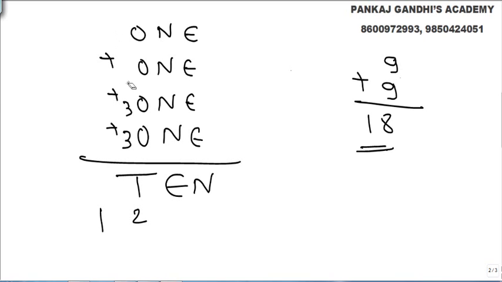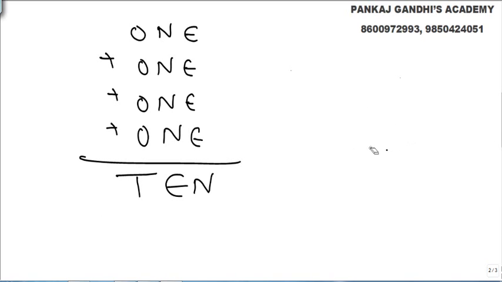Means O cannot be 3 or more than 3. O is less than 2. Means O is either 1 or 2, because if it's 3 or more than 3, we will get a carry forward. If O is 3, summation 12 will get a carry forward. Very big hint we get from carry forward.